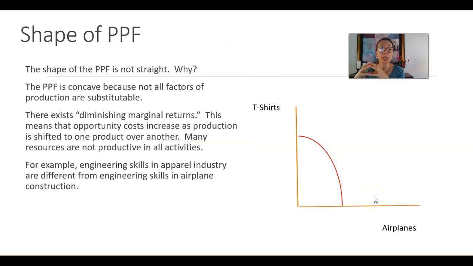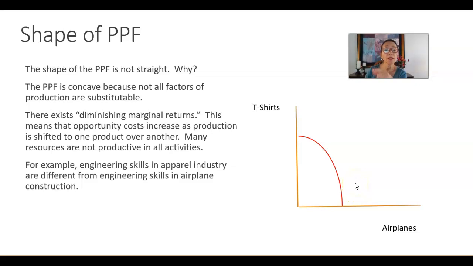Now, the shape of the production possibilities curve is not necessarily straight, and the question is why. The production possibilities frontier, see in this case I said PPF, and the previous slide I said PPC, so get used to seeing those interchangeably. The PPF is concave, meaning it's bowed outwards, because not all factors of production are substitutable.